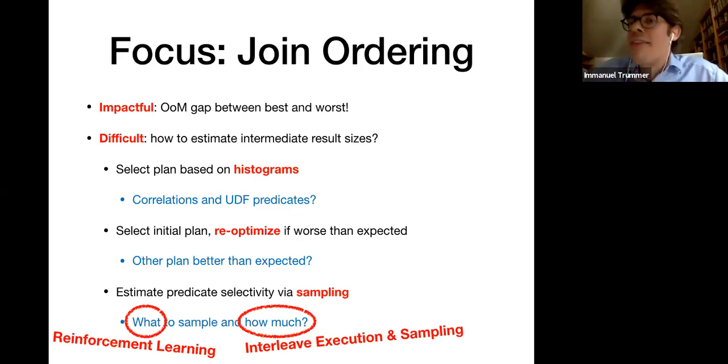So in the end, what we do is some kind of sampling, but we do not have a dedicated sampling phase and execution phase, but we interleave the two. So we essentially never stop sampling over the execution of the query.